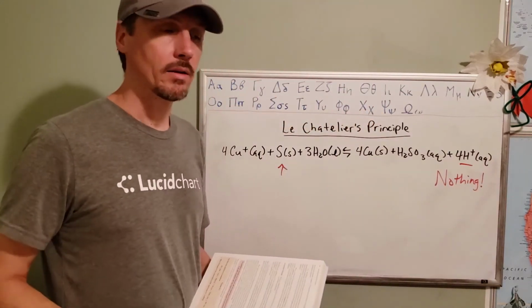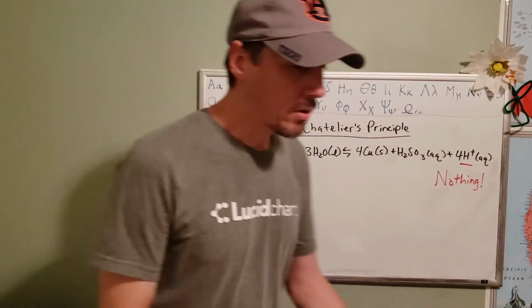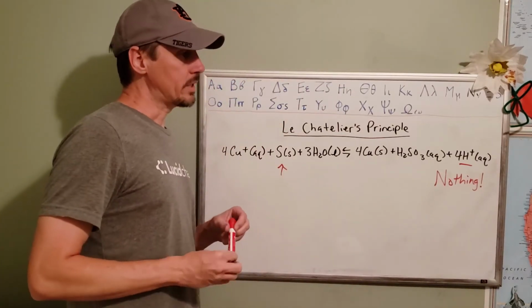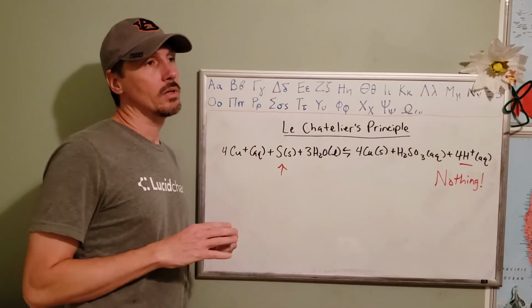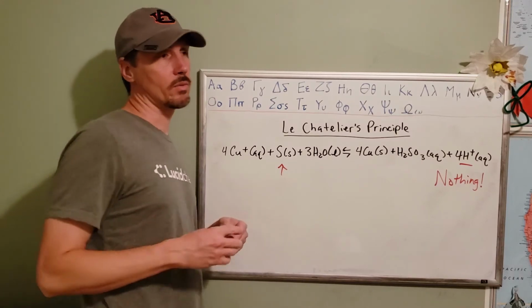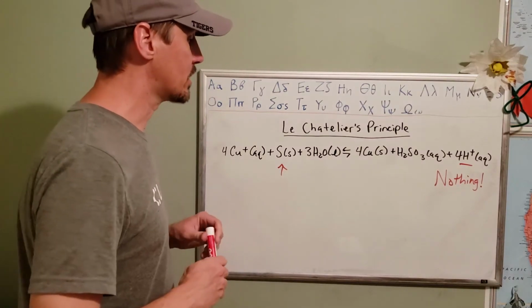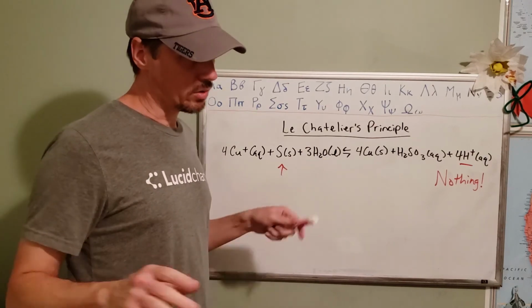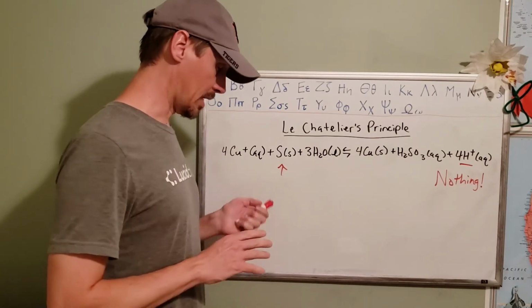Why is that? So if you remember, whenever we considered the equilibrium constant, we said that you can ignore solids and you can ignore liquids, right? Because the concentration is not going to be affected by the solids or the liquids. So you just totally ignore those when you're figuring the equilibrium constant.